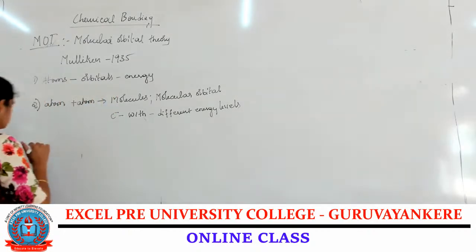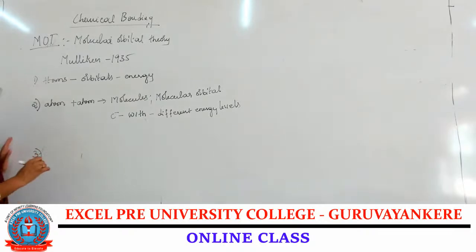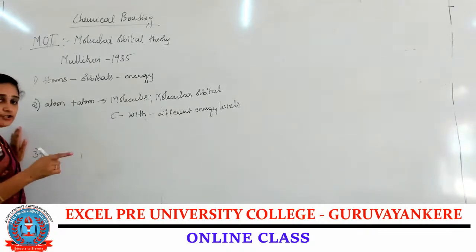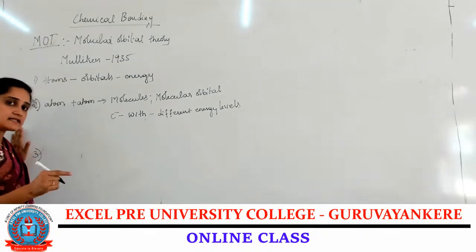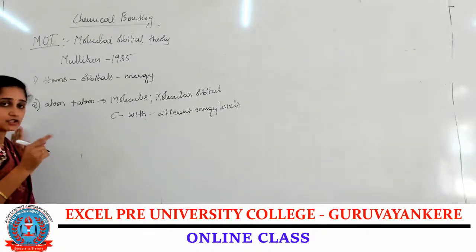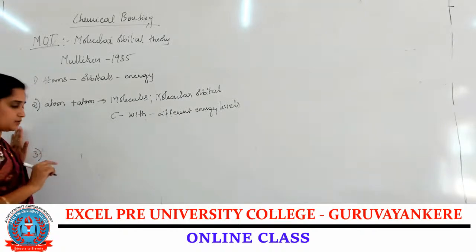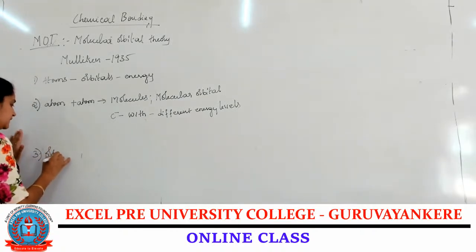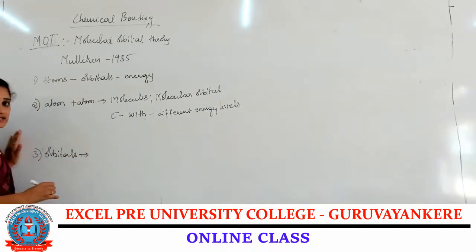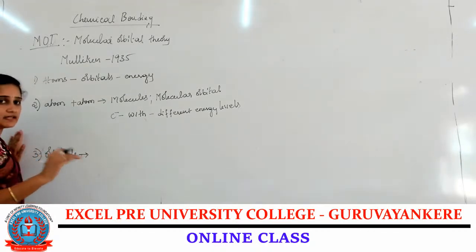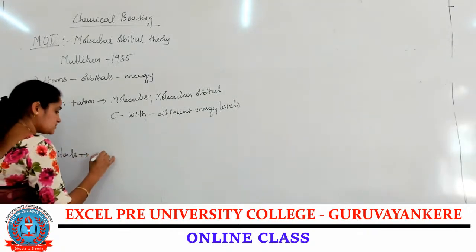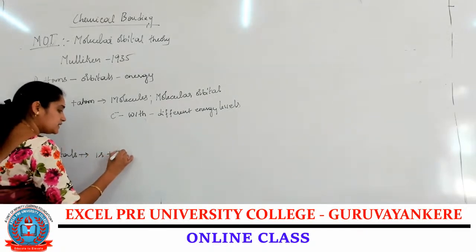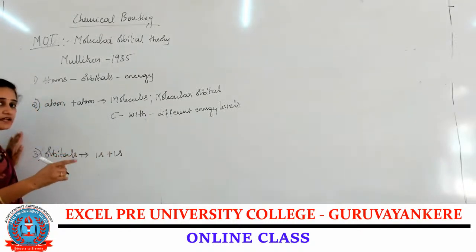And during the combination of atoms, atomic orbitals get combined with each other. The combining atomic orbitals should have similar energy. In the sense, a 1s orbital always combines with the 1s orbital of another atom.